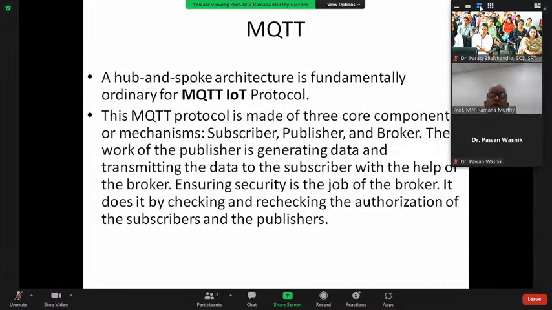Ensuring security is the job of the broker. It does it by checking and rechecking the authorization of subscribers and publishers. So these are the three components basically. This mechanism includes subscribing, publishing, and brokership.